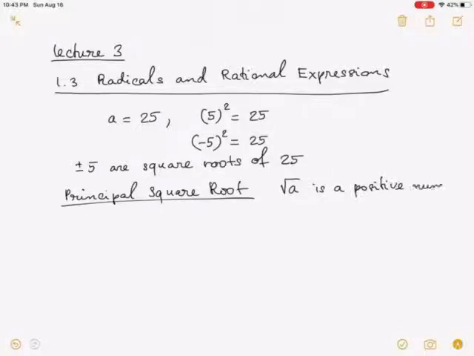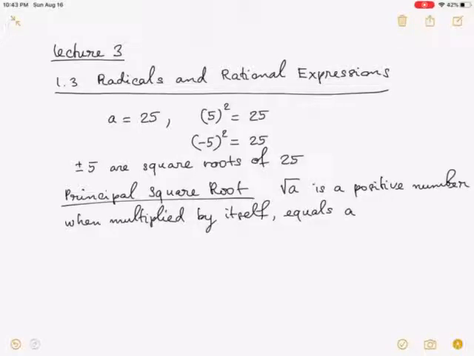It is a positive number, so when multiplied by itself, it equals a.